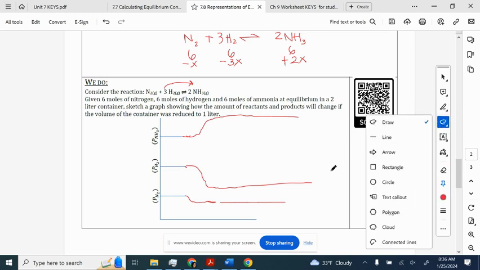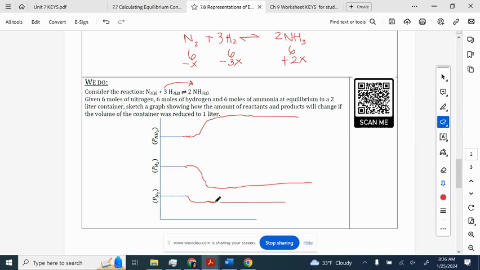Nope, no, it's wrong. What's wrong? Is the problem reducing the pressure? Is this pressure? Or volume, sorry. The volume is being reduced. Yeah, the volume's being reduced. Oh, so the pressure would increase. I was doing moles here. I wasn't doing pressure.